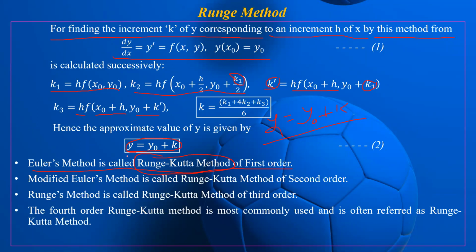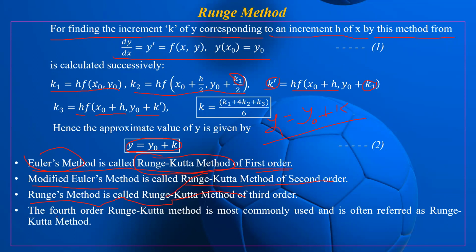We have already seen Euler's method. Euler's method is nothing but the RK method of first order. Similarly, modified Euler's method is called the RK method of second order, and the Runge method, which we are discussing right now, is called the RK method of third order.